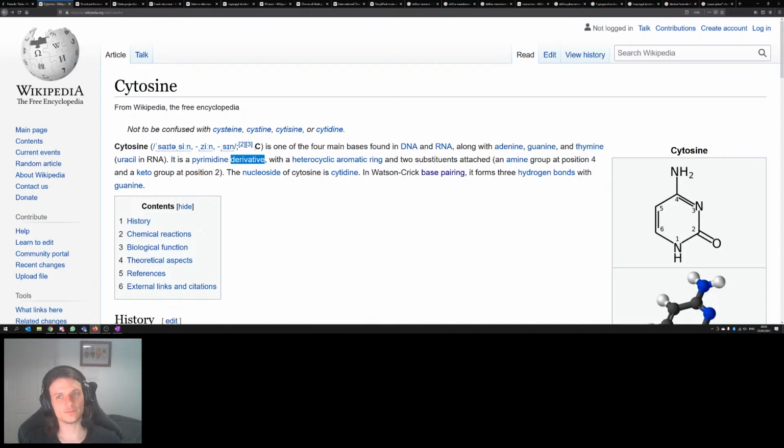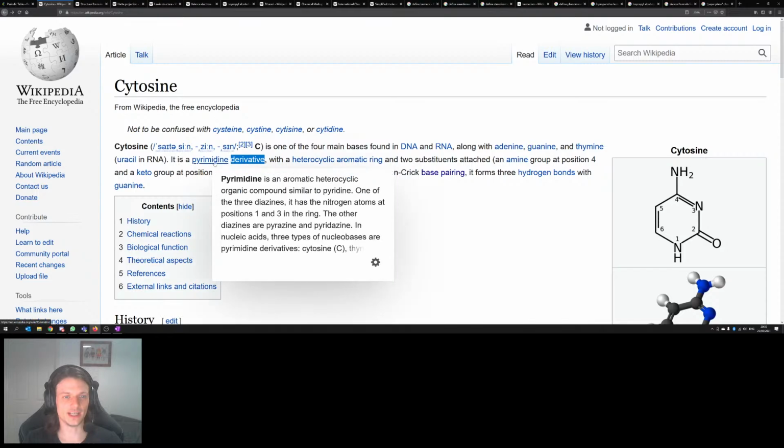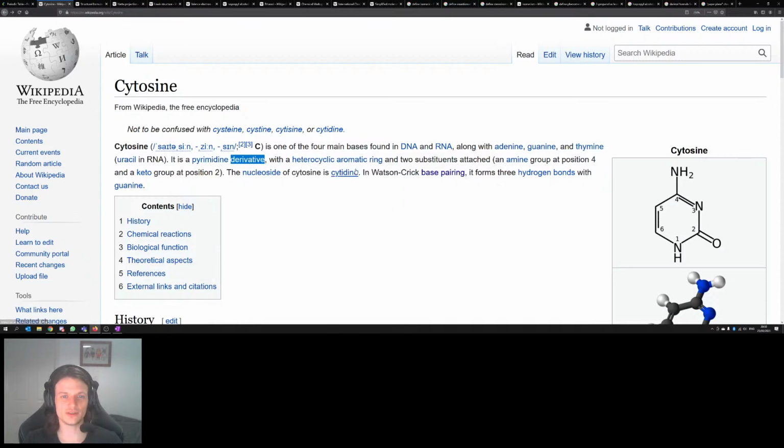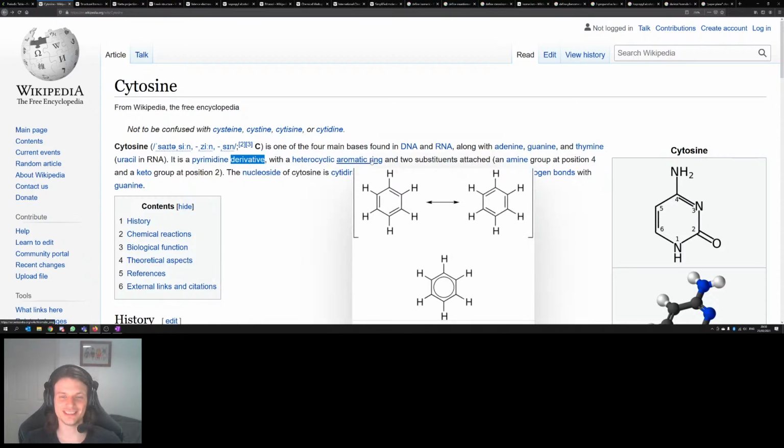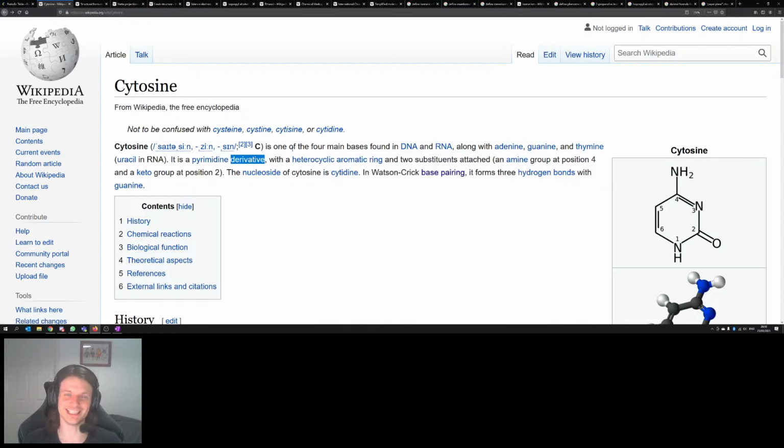That's interesting. I know what derivative in maths is. I guess it has no correlation at all to that. It is a derivative of that with a heterocyclic aromatic ring. Aromatic? Okay, right. We're going to have to figure out some of these.